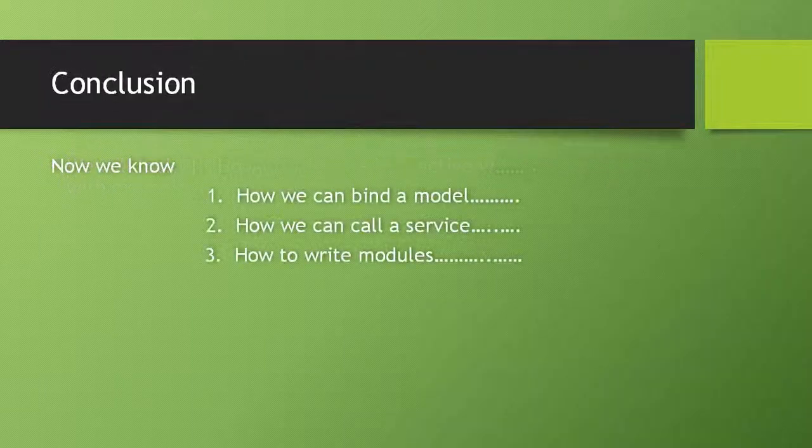Other than that, let's see what we have learned here: how we can bind a model, how we can call a service, and how to write module based patterns, just to avoid global namespace. Always remember to follow the third practice, that is, avoiding global namespace and writing a module.